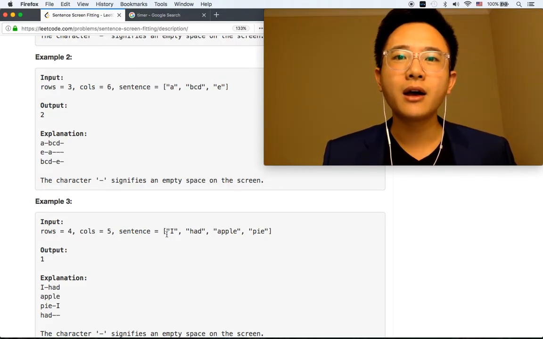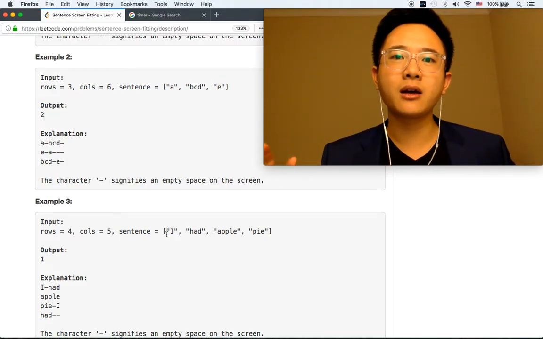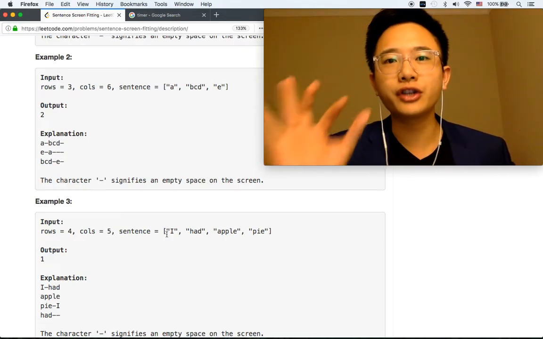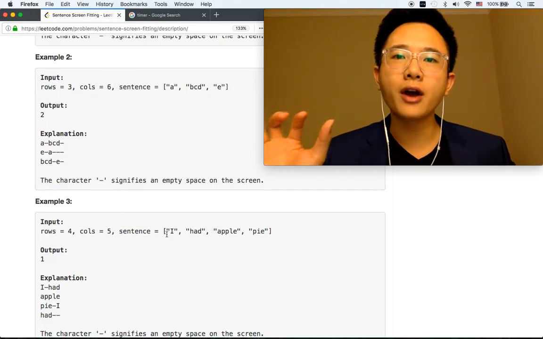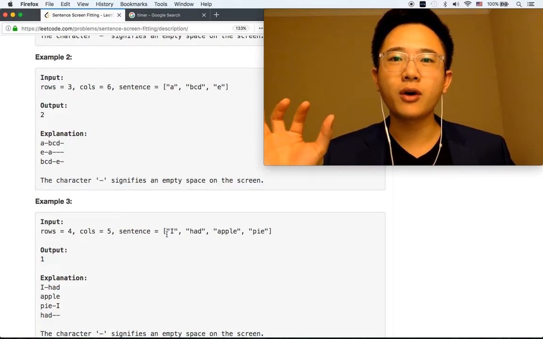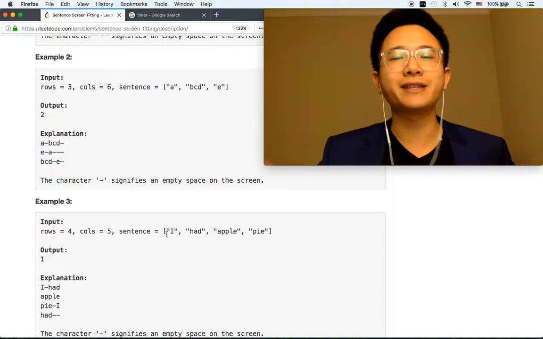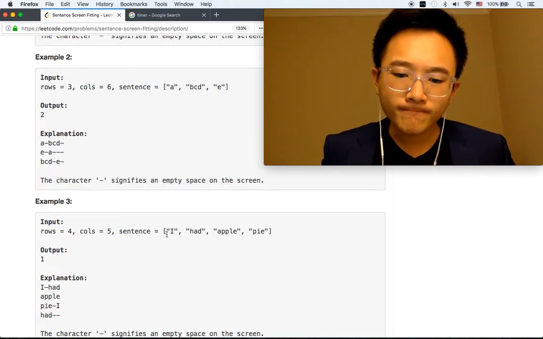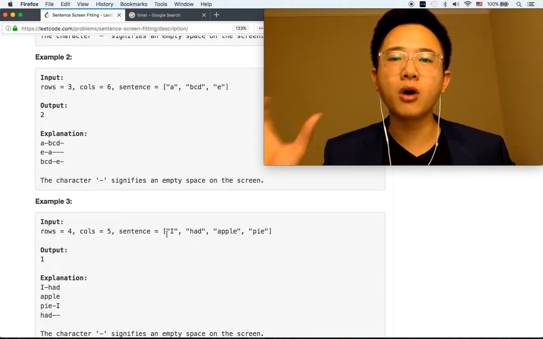And every time we put in a word, we're going to check if this current word has gone over the length of the current row.